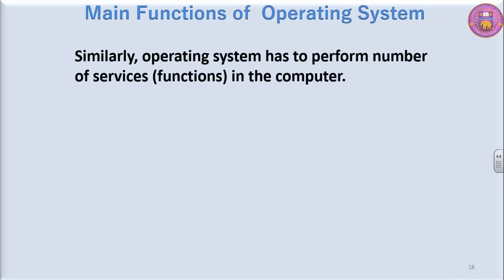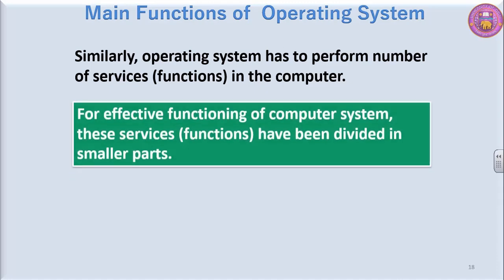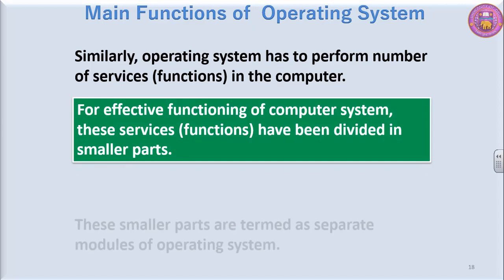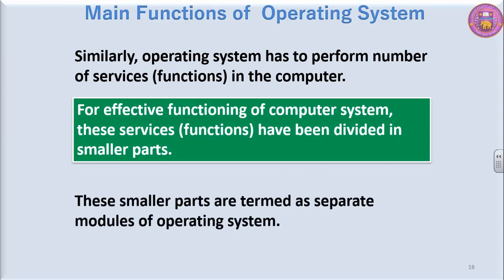Similarly, operating system is a very big program and it has to perform number of functions in the computer. For effective functioning of computer system, these functions have been divided into smaller parts. These smaller parts are termed as separate modules of operating system.